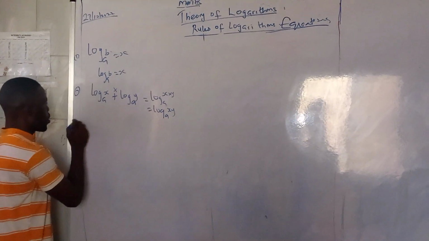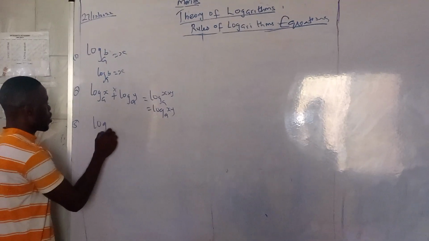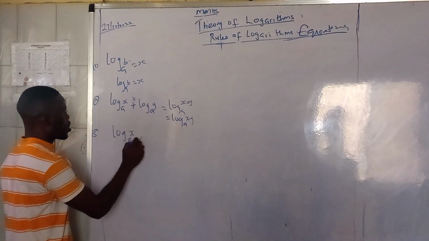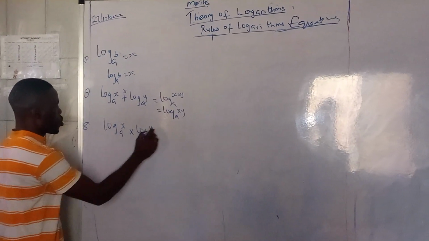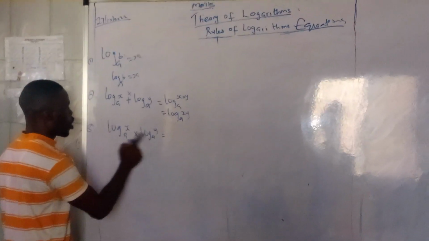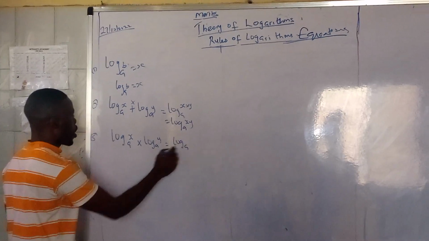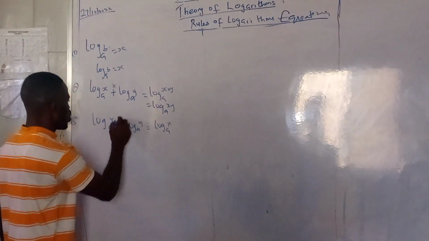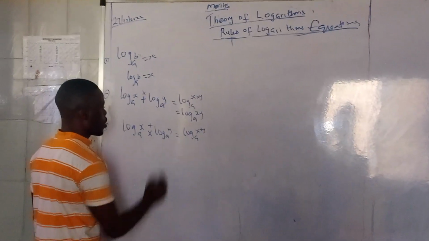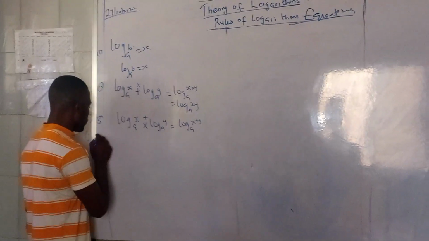So what if you are given log a to the power of x multiplied by log a to the power of y? We have a common log here, which is log a, and we have x. Remember your times will change to become plus y. So this is your answer.